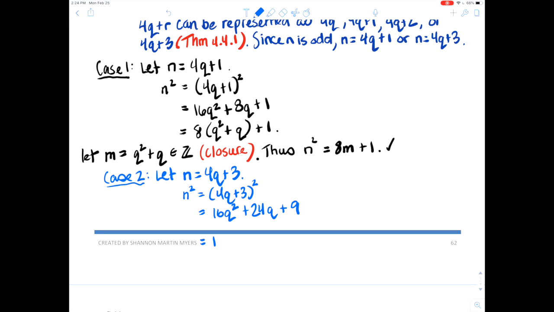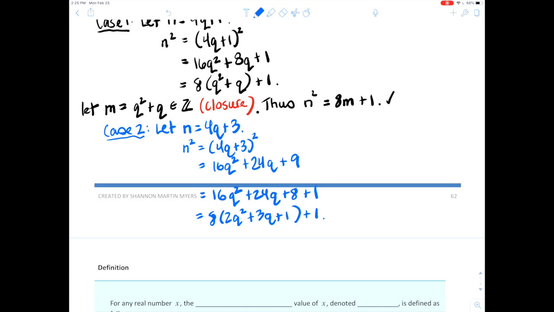But can't we break up that 9 into 8 plus 1? Because I need to factor out an 8, right? So 8 times 2q squared plus 3q plus 1, plus another 1 is what I get. Groovy?